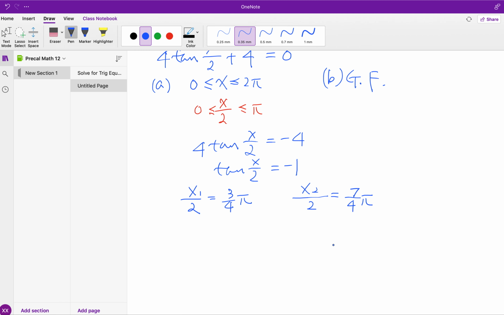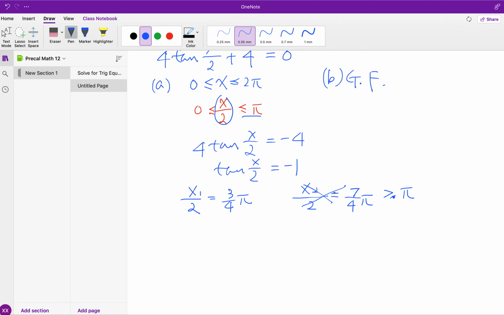Now let's take a look. We have already said that x over 2 has to be smaller than pi. This one is obviously larger, there's no equal sign here, sorry. This is larger than pi, so we don't even have this solution to be considered anymore.